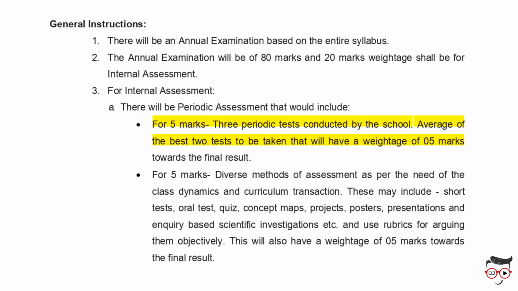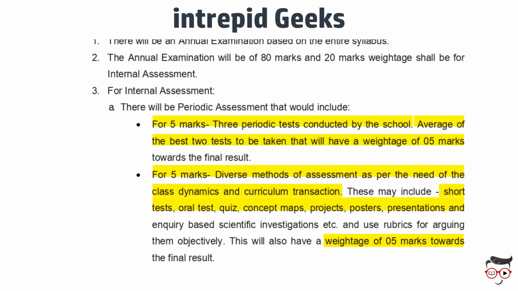The next part is for 5 marks again, and it is divided into diverse methods of assessment as per the needs of class dynamics. It will include short tests, oral test, quiz, concept map, etc. And it will have a weightage of 5 marks towards the final result.